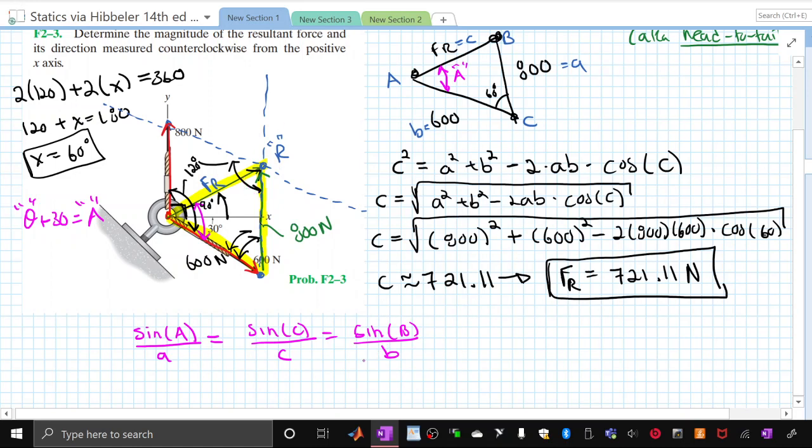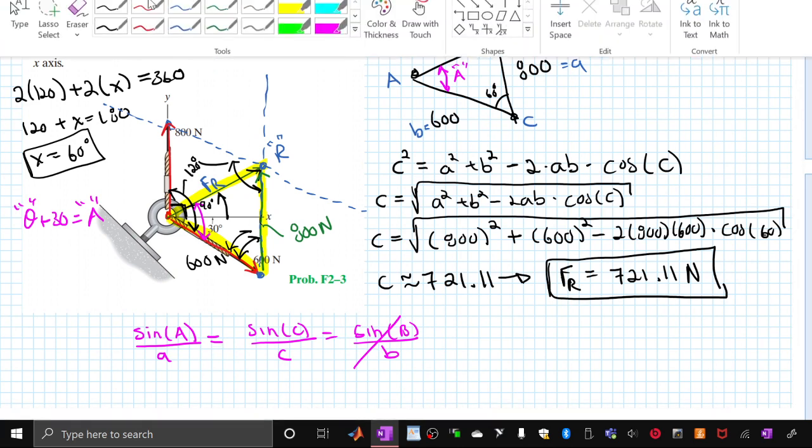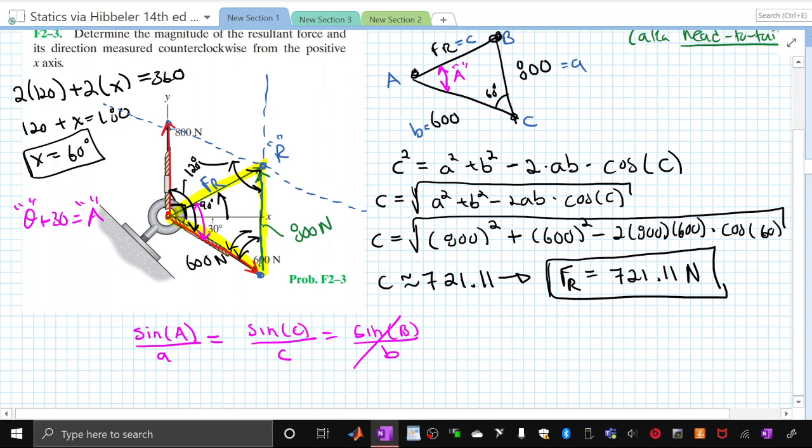So I'm going to disregard this one. So let's look at our knowns and unknowns. Do we know angle C? Yes, it's 60 degrees. Do we know side c? Yes, it's the resultant force. We just calculated it. Do we know side a? Yes, we know it. It's right here.